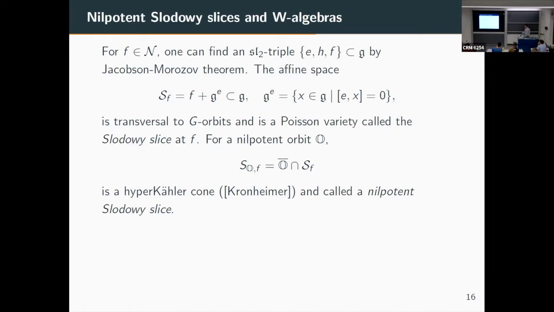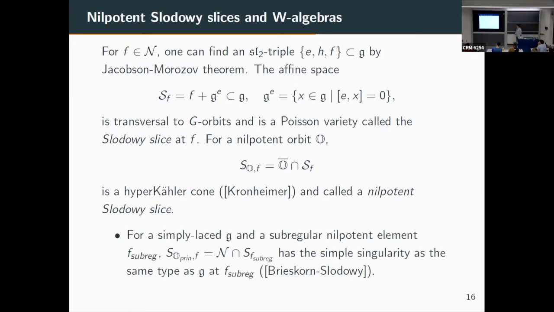The most famous case is when G is simply laced and the nilpotent element is subregular. And in this case, this intersection has a simple singularity of the same type as G at this nilpotent element. But you can consider this kind of thing for any orbit and any nilpotent element.